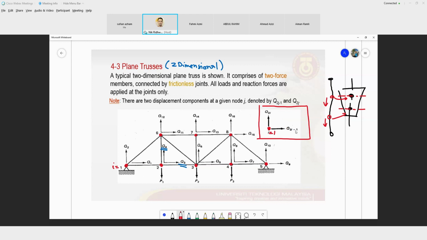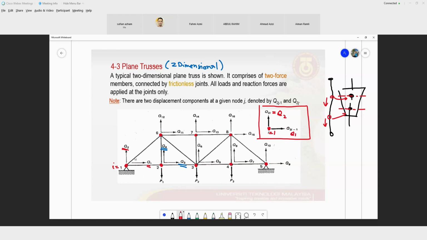So I is 1, 2 multiplied by 1 equals 2 minus 1 equals Q1, and then 2 multiplied by I equals 2. So kalau saya dekat node nombor 1, saya akan ada dua displacement yang dikenali sebagai Q1 dengan Q2. So this is equivalent to what I have in the slide.